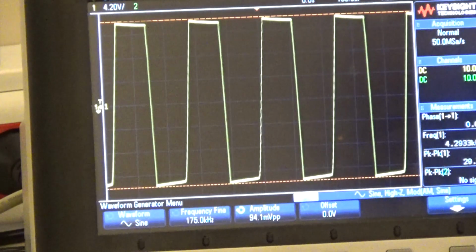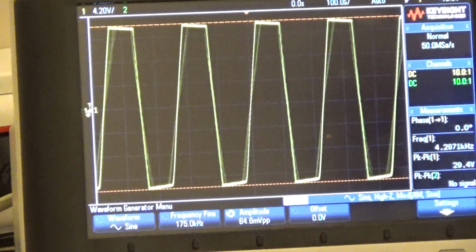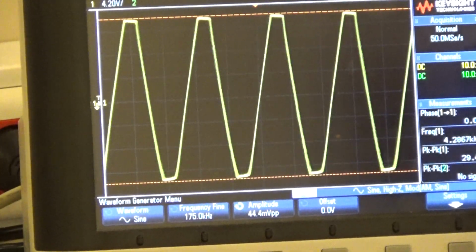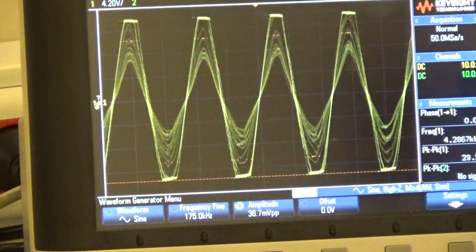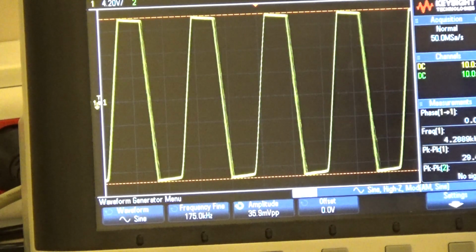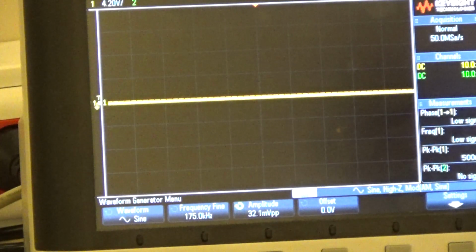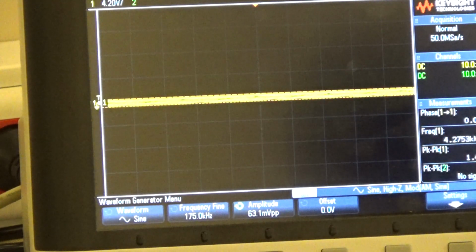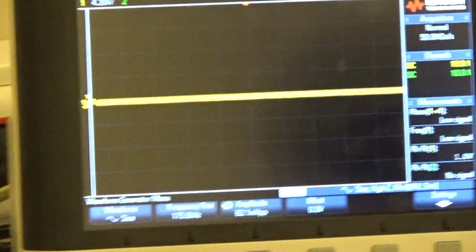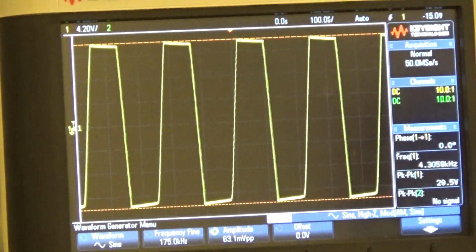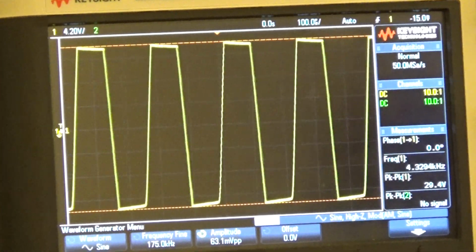The basic idea is that the voltage coming from the audio signal is very small, in the millivolt range, less than a millivolt.